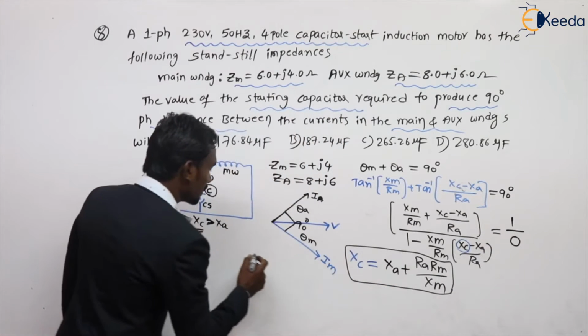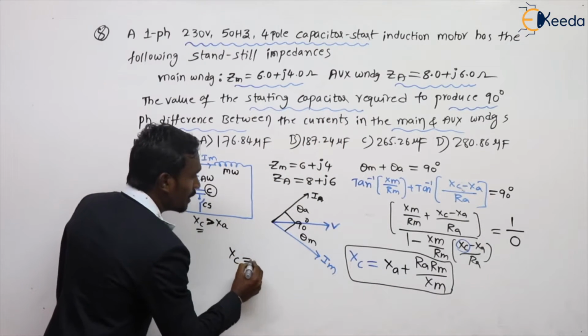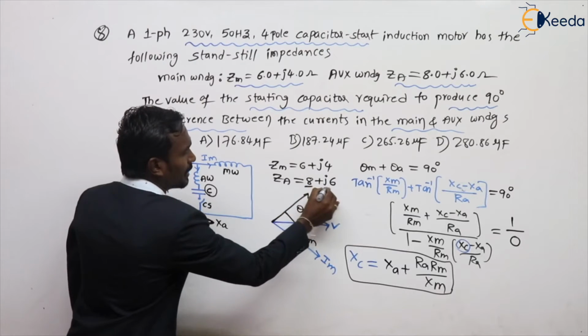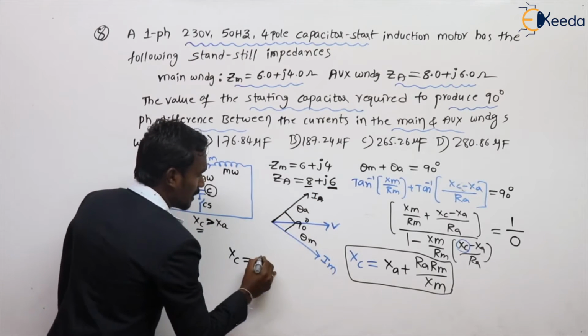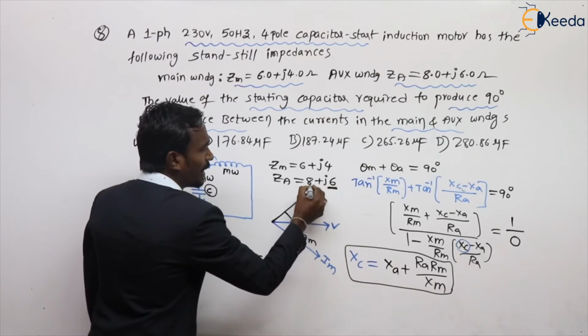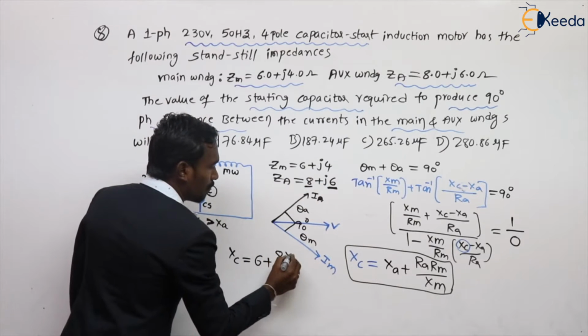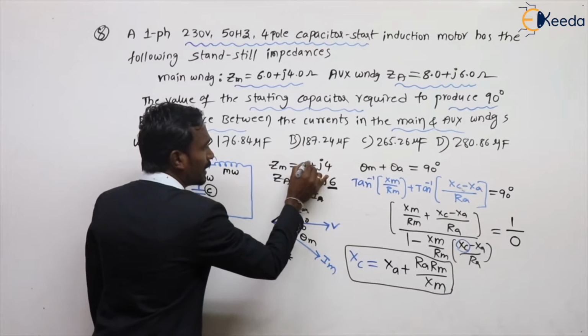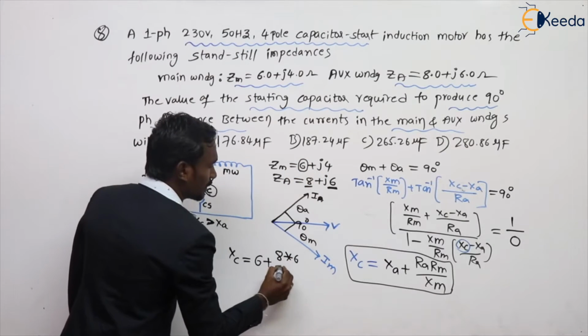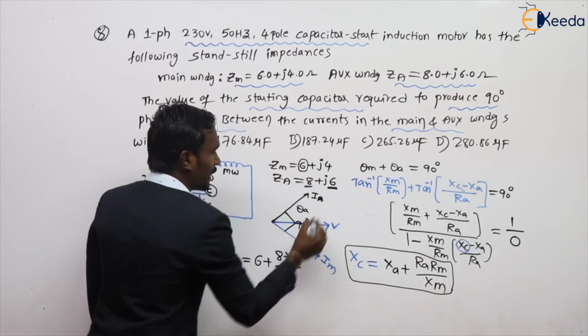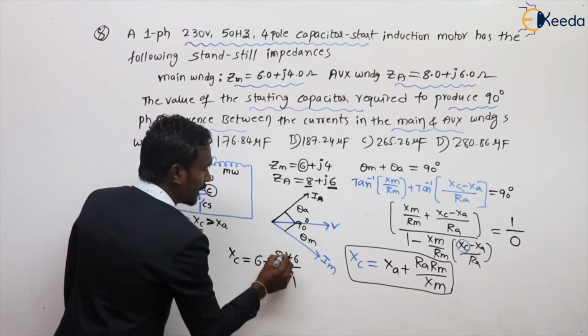So tell me, what is the XC value from the equation? XA is 6, plus RA, which is 8, multiplied with RM, the main winding resistance, by the main winding reactance.